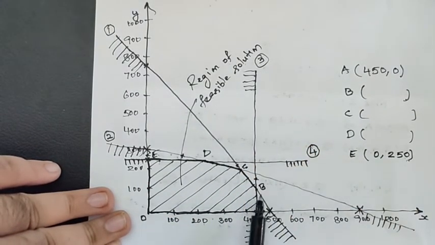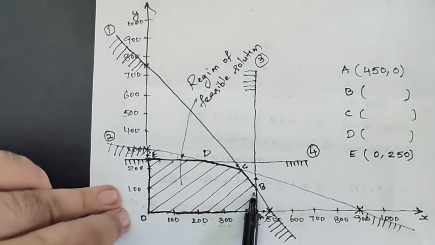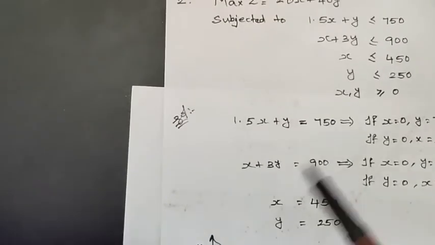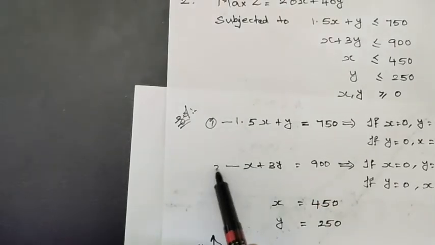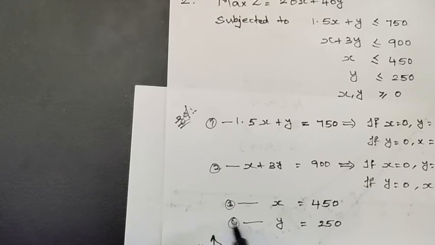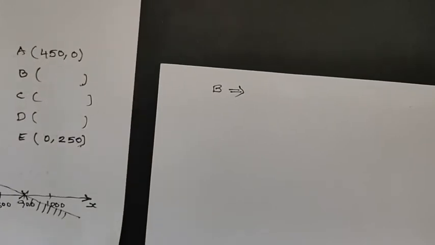We need to solve equations 1 and 3. Here these are the equations: first constraint, second constraint, third constraint, fourth one, right? So now we need to solve 1 and 3 in order to get the vertex B.